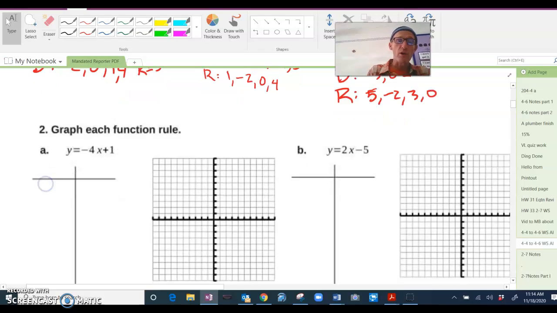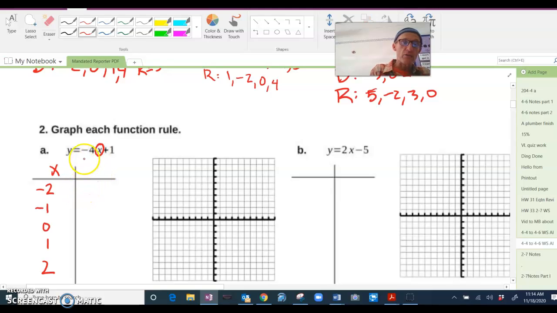Now I'm only going to graph 1 for the sake of time, but when there's no fraction for the number that's multiplied by x, we get y equals -4x plus 1. We choose these values for x: -2, -1, 0, 1, and 2. And to complete this problem, we substitute these values into this x.